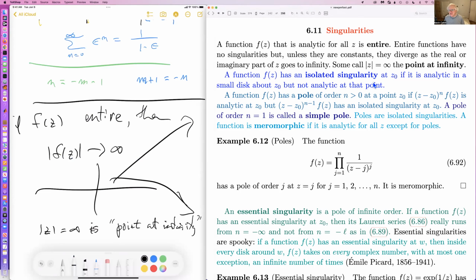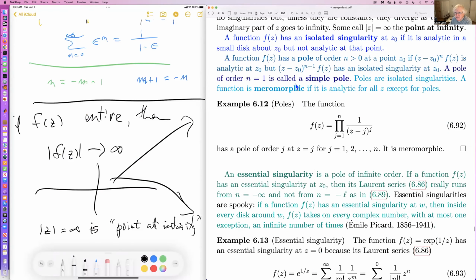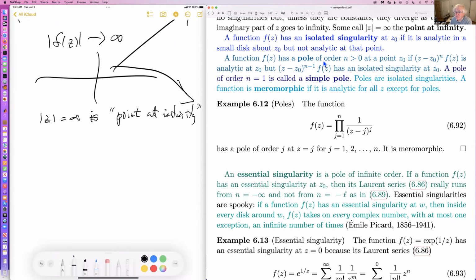A function has an isolated singularity at z0 if it's analytic in a small disk around z0, but not analytic at z0. And in particular, a typical case of an isolated singularity would be f of z equal to 1 over z minus 1.